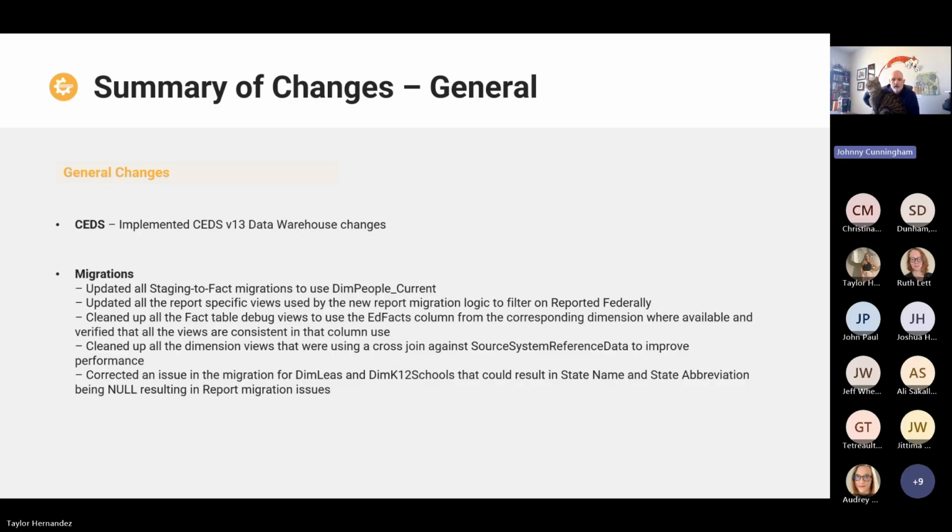Those dimensions, where they may have had a null column before, now have an empty string instead of null. So if you have any existing SQL scripts where you were looking for column equals null or column is null, you'll have to be aware that you might have to update some of those. Again, that was a CEDS change, not Generate, but because we use the data warehouse, we have to update to match.